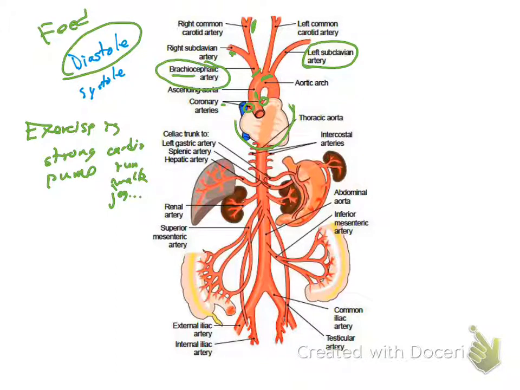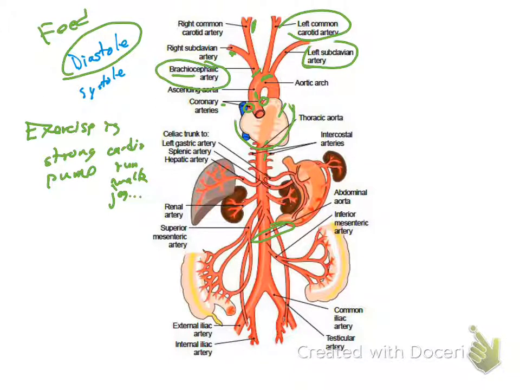But on the left side you have your left subclavian artery that comes directly from the arc of the aorta, and you have your left common carotid artery, which is this one here. And this is the arc of the aorta. Then from the aorta comes the descending aorta, which continues here, descending, and gives you intercostal arteries, and then you enter your abdominal aorta, which is right here, and it continues giving branches everywhere.